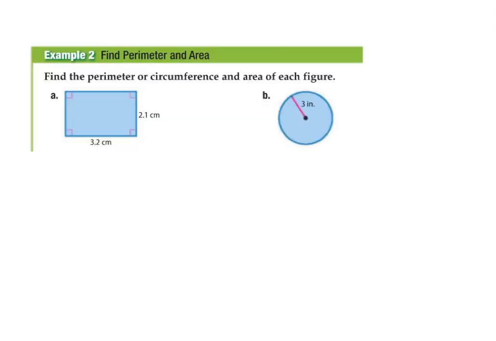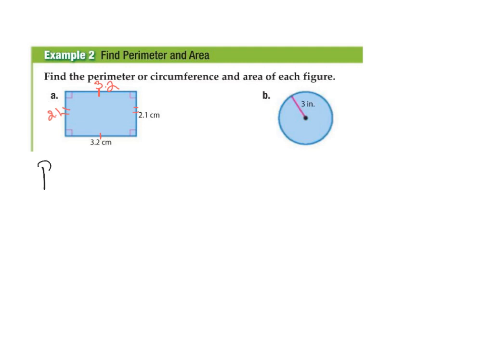So in this example, we want to find the perimeter and area. So the perimeter for my A would be, because this is a rectangle, I know that the 3.2 on the bottom is also true for 3.2 on the top, and 2.1 on the left. So perimeter would just be the sum.